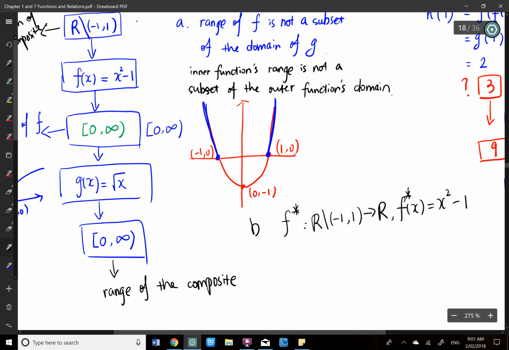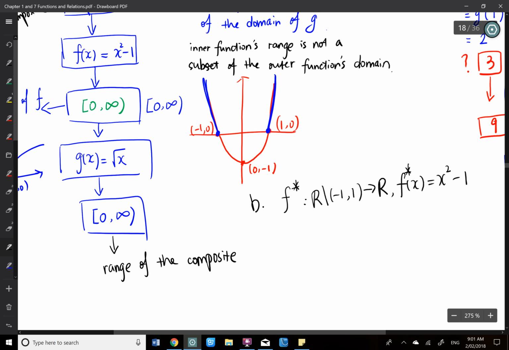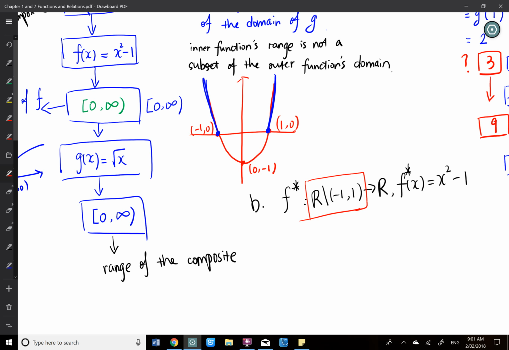Okay, that's part B. So how can we restrict it? We make the domain smaller. Now I will get rid of the part from -1 to 1 to make this composite function exist.